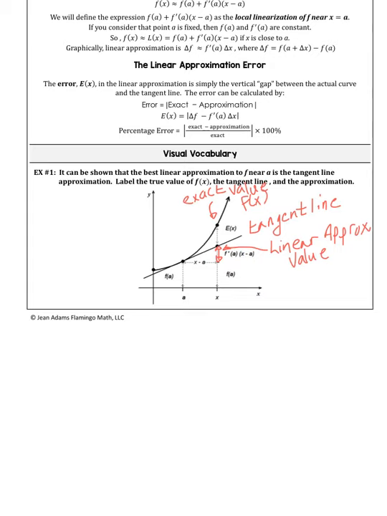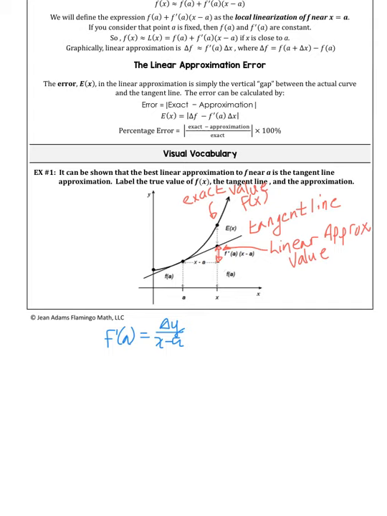So for instance, I'm going to do this down below. F prime of a, which is the slope of your tangent line, would be equal to your change in y over your change in x. And our change in x in this case is x minus a.